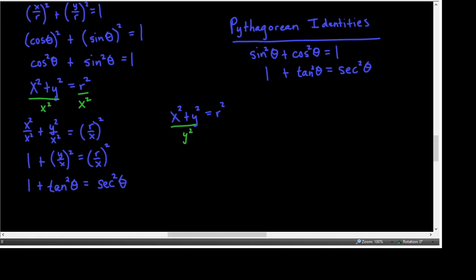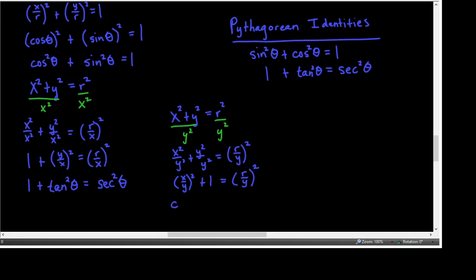Hopefully you thought to divide by the only thing we haven't divided by yet, namely y squared. So that'll be x squared over y squared plus y squared over y squared equals r over y quantity squared. And so this will be x over y quantity squared plus 1 equals r over y quantity squared. x over y is cotangent of theta.